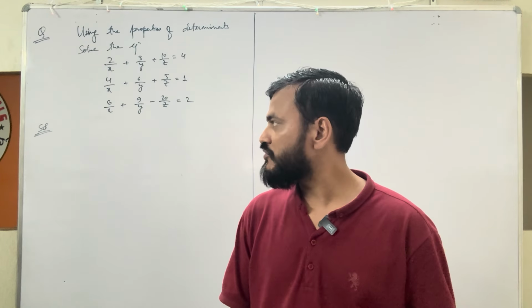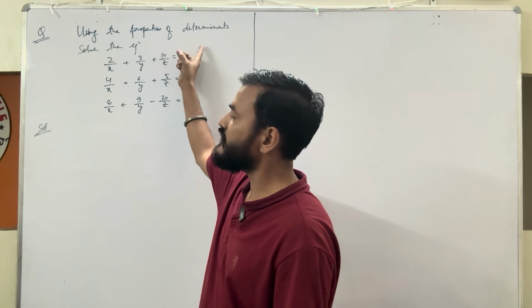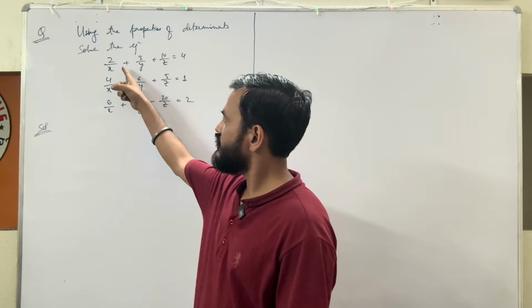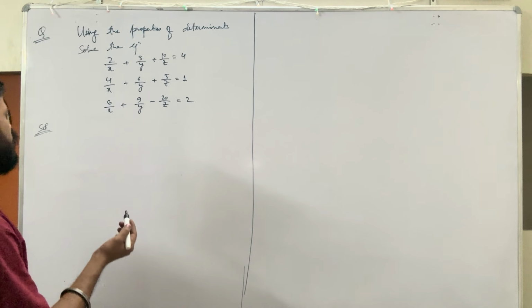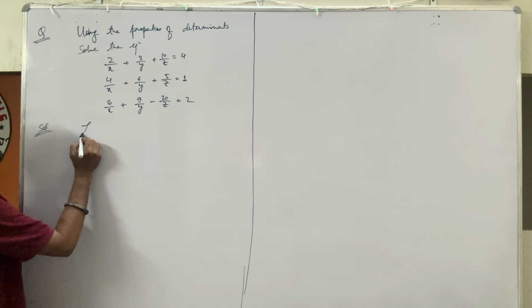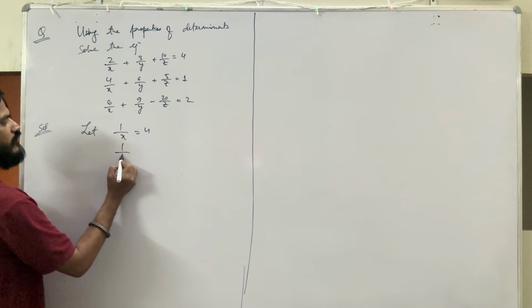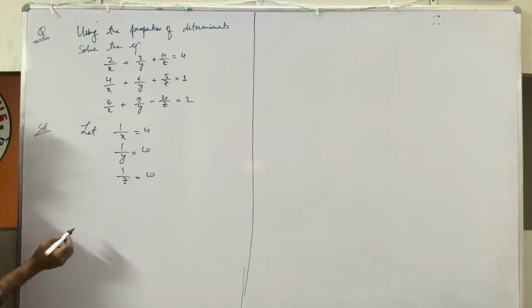Another important question which can be asked in your exam is: by using properties of determinants, solve the equation. The equation involves the inverses of the variables x, y and z. So we take 1 by x is equal to u, 1 by y is equal to v, and 1 by z is equal to w.